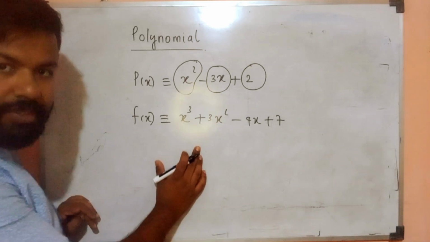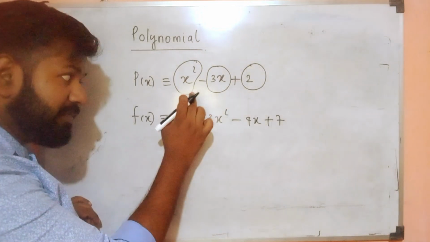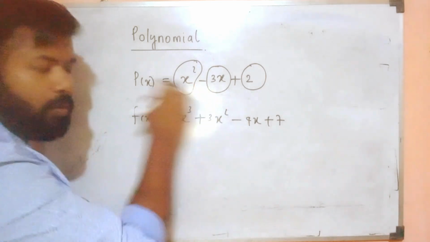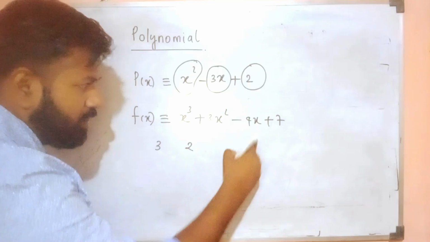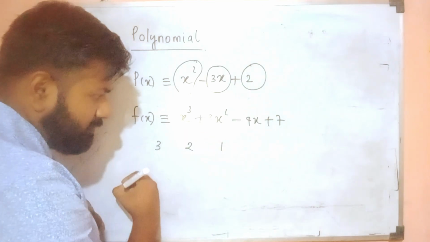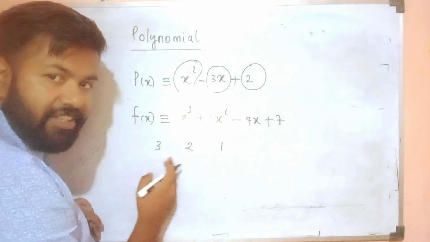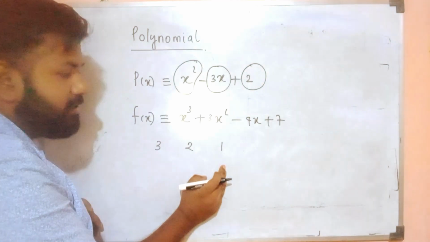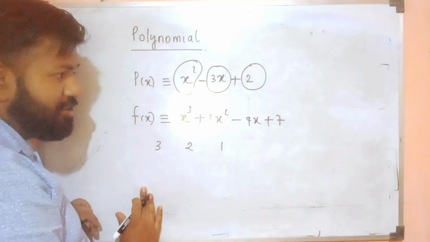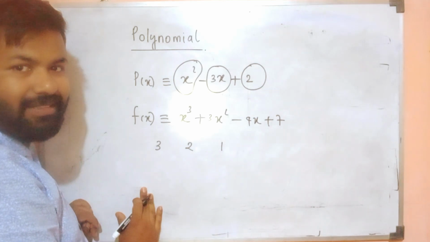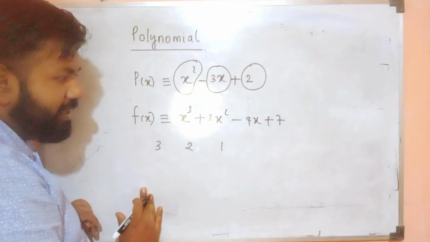Here x is the variable. So what are the exponents of the variable? 3, we have 2, and in minus 4x, 1. So all the exponents are positive here. So this algebraic function is a polynomial. Do you get it?